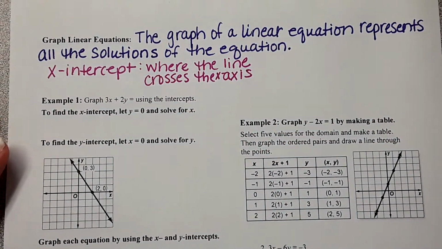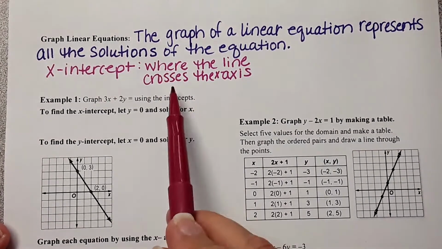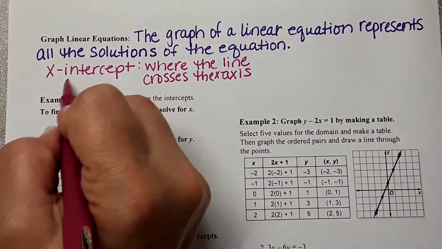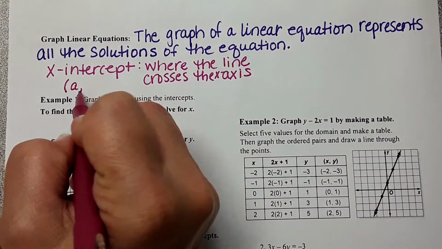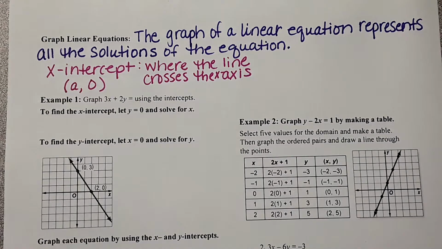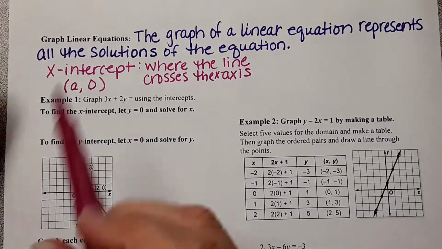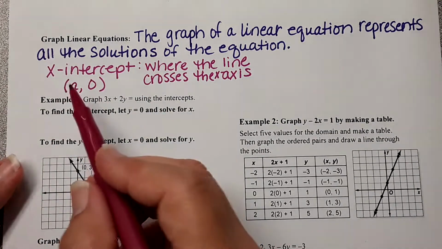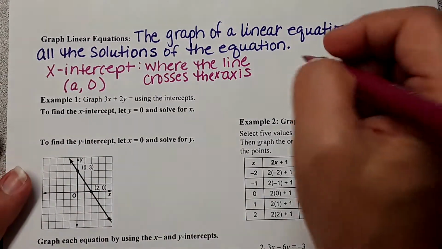Okay? That's the x-axis. And the ordered pair always looks like (a, 0). So a represents a number, okay? And anytime you write the x-intercept, you always write a, comma 0. When we take your test next Tuesday, this is what it's going to look like, okay?